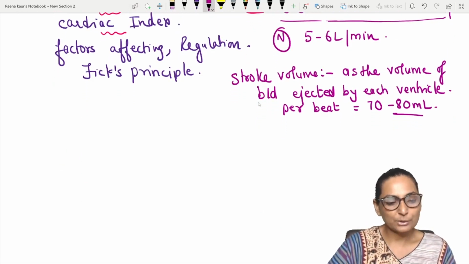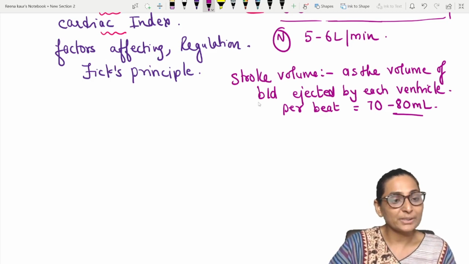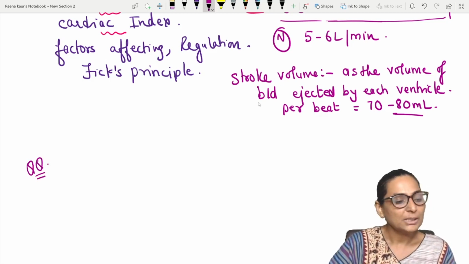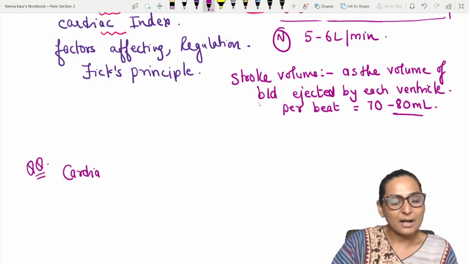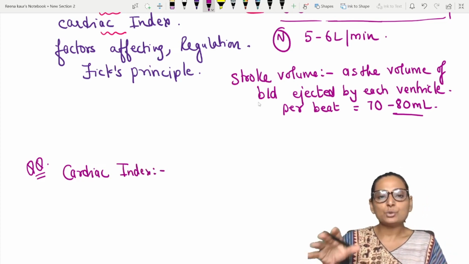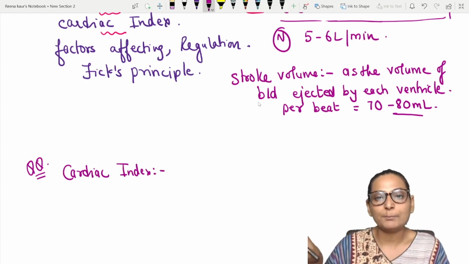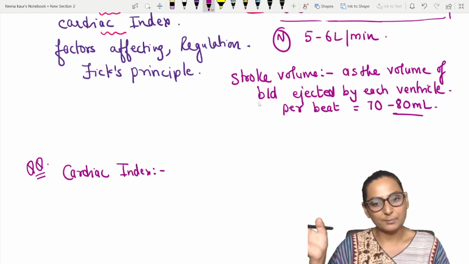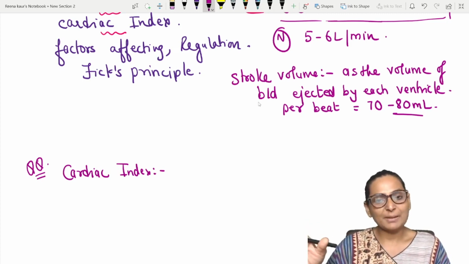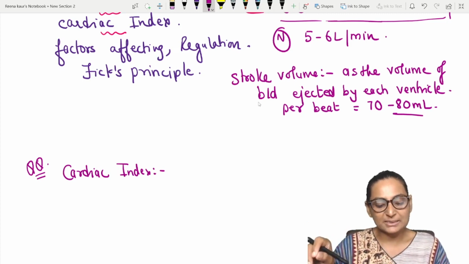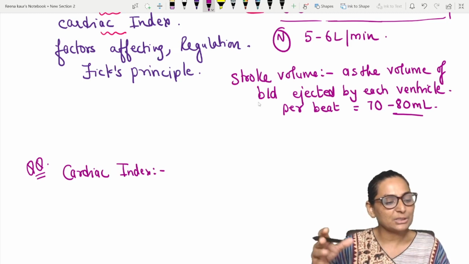Now next, the definition you should know is something very important, a very important 2 marks BAQ, which is called cardiac index. Now what is this cardiac index? You will see that there could be 4 to 5 eighteen-year-old boys, all of them the same sex and same age, but still the cardiac output will not be the same in each person.